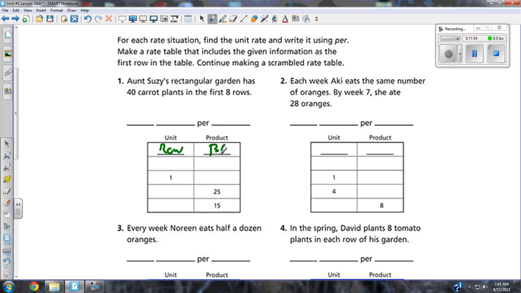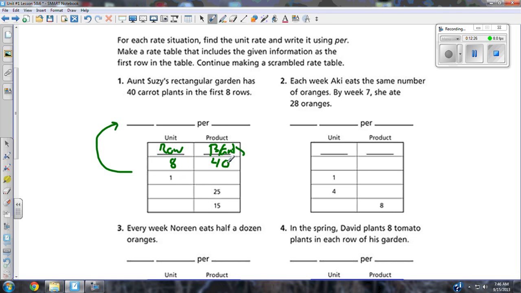And we know that there are 8 rows, and with 8 rows you have 40 plants. Now the unit rate, the unit is scrambled here, so now you have, if you had 1 row, how many plants would you have? If you have 25 plants, how many rows would that be? If you had 15 plants, how many rows would that be? We're trying to figure out the unit rate.